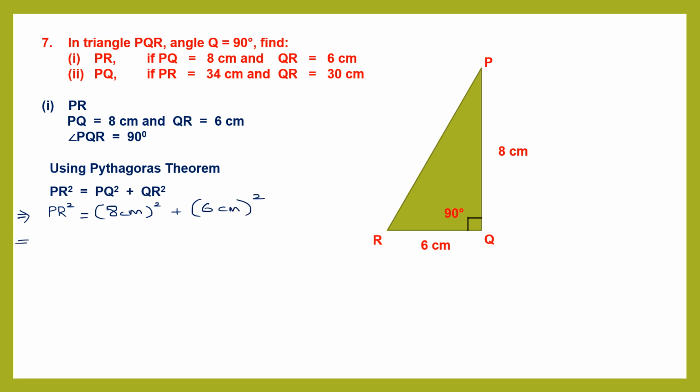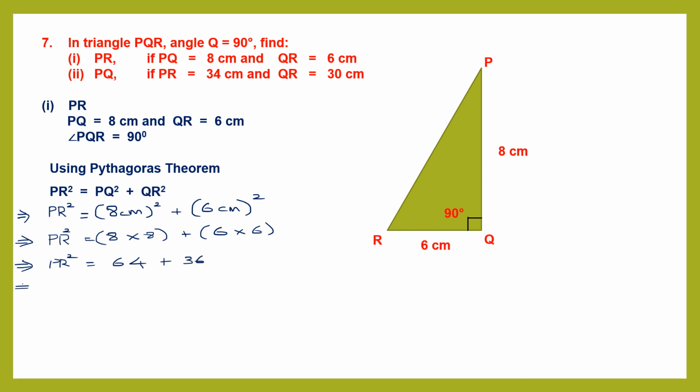So now let's find the value of PR again. PR square is equal to 8 into 8, 8 centimeters into 8 centimeters, plus 6 into 6 because it's a square. So PR square is equal to 8 8s are 64 plus 6 6s are 36.